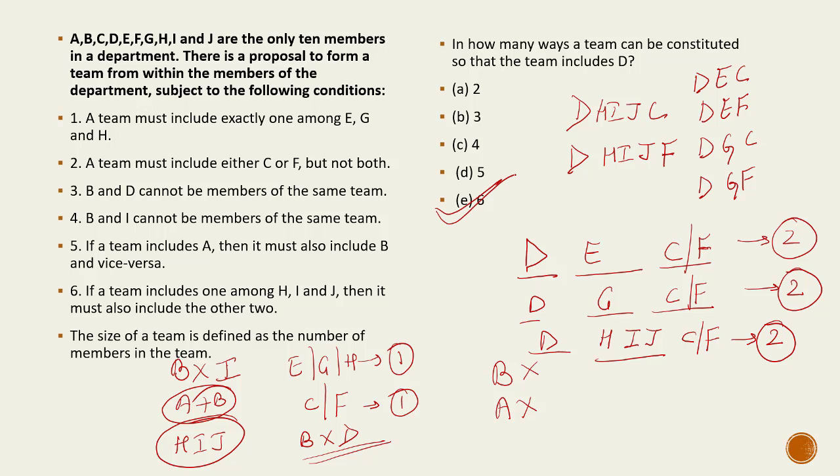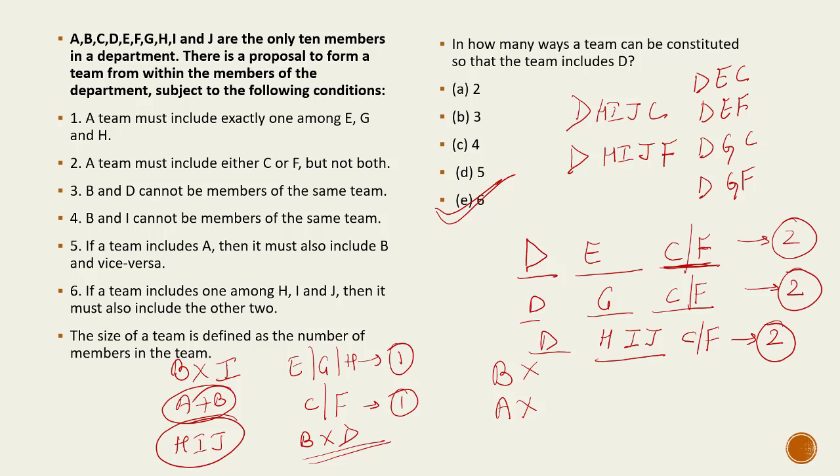Now this is where most of the students commit mistakes, that you will count this as one case. The moment I'm writing C/F, that means I'm talking about 2 different cases. In one case I'm including C, in the other case I'm including F. So this is something you need to pay great attention to. You have to count this kind of situation as 2 cases and not just one.